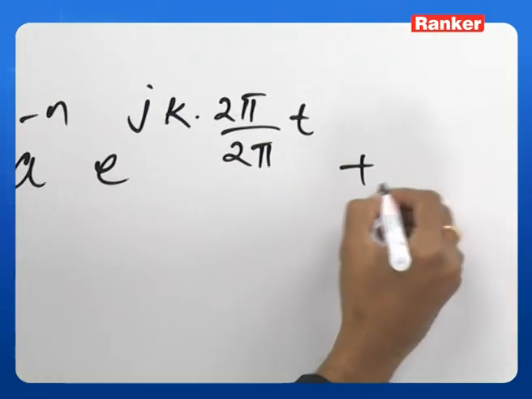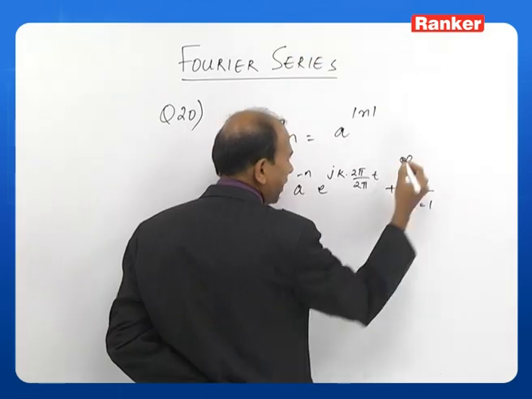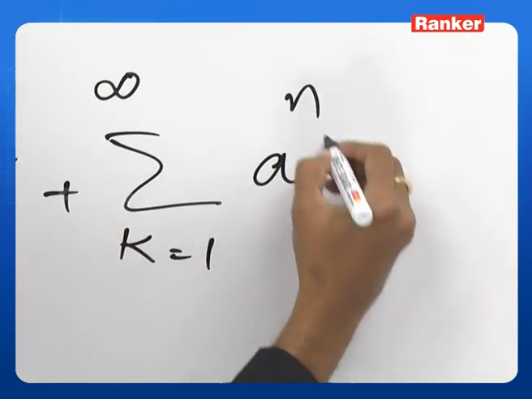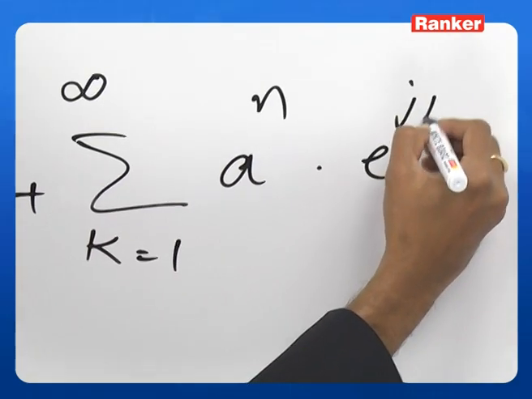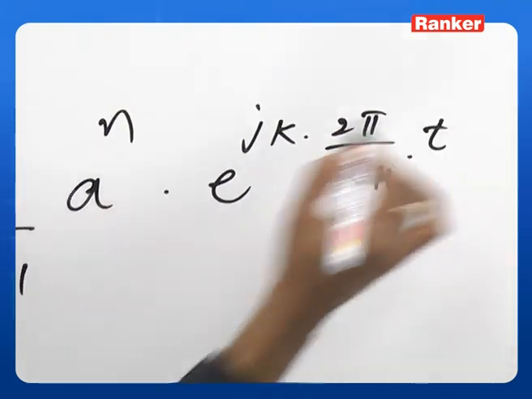Okay, plus the second summation starts from k is equal to 1 to infinity because it exists on both sides. So, this will be a to the power of n into e to the power of jk 2 pi by 2 pi into t.